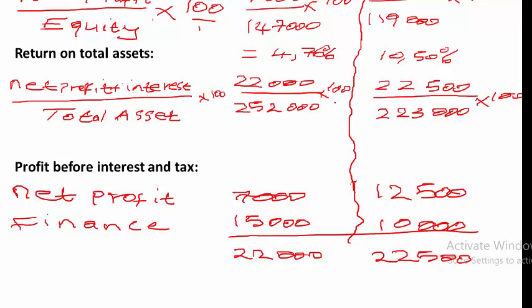Once you have multiplied both sides, you will get a percentage of 8.73 if you round off to the nearest second decimal place. And for the other side, you get 10.09% if you round off.